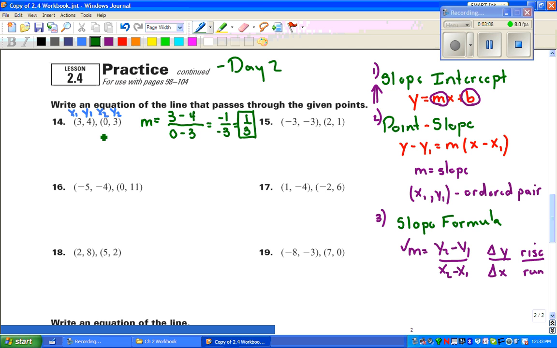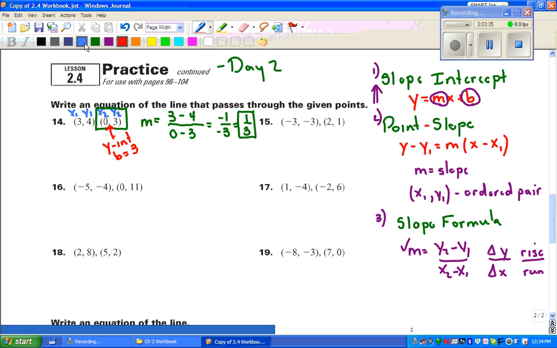Now, we're given points here. But here's the deal. With these points, I want you to take a look at this one right here. That point, since it has a 0, 3, is going to be your y-intercept. Whenever you have a 0 as your x value, and then you have your y value, that's your y-intercept. So in this one, your b is going to equal 3.